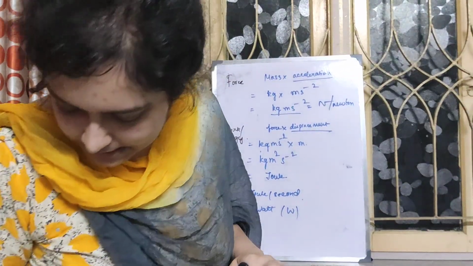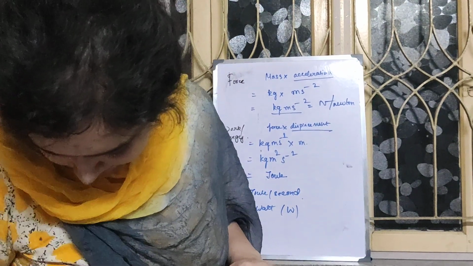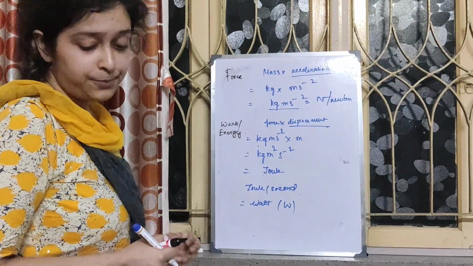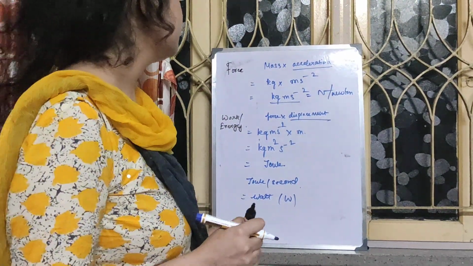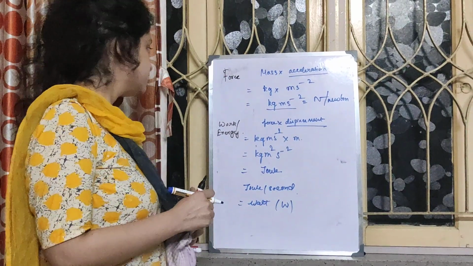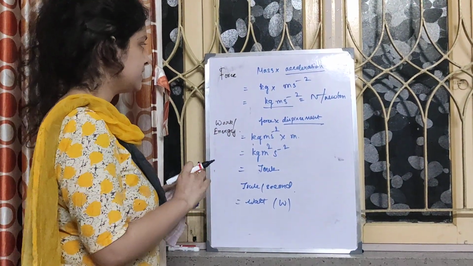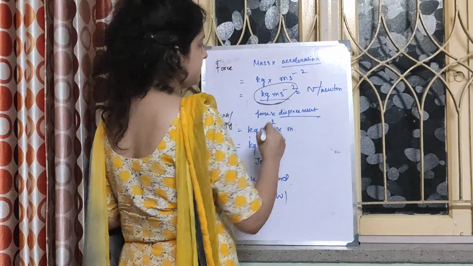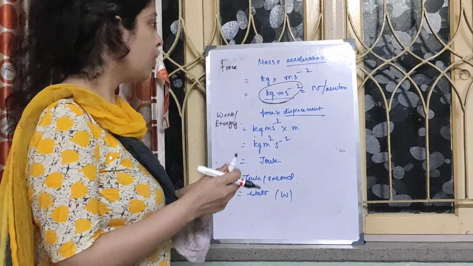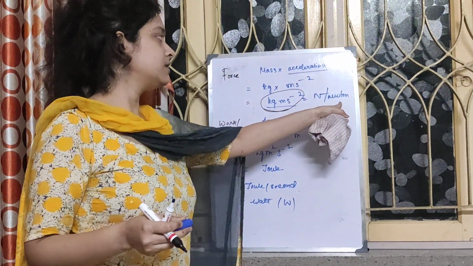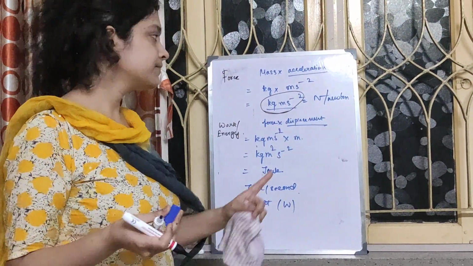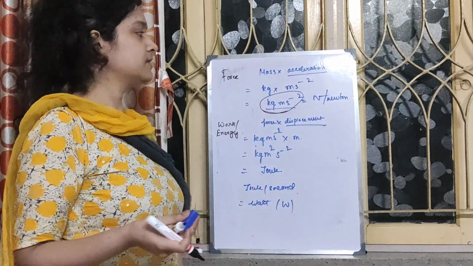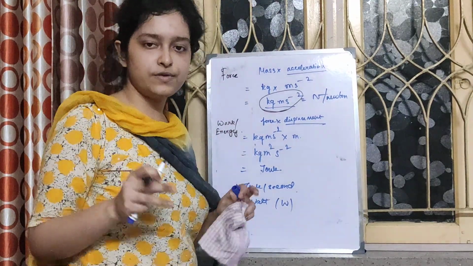So next you have, say for example, pressure. Pressure you have learned as force per unit area. So if it is force per unit area, that means kg meter per second square by meter square. Or you can also use Newton per meter square. Anyways, both ways you can write.